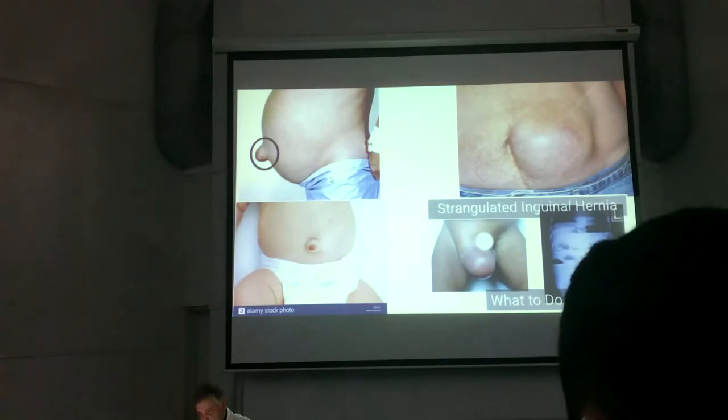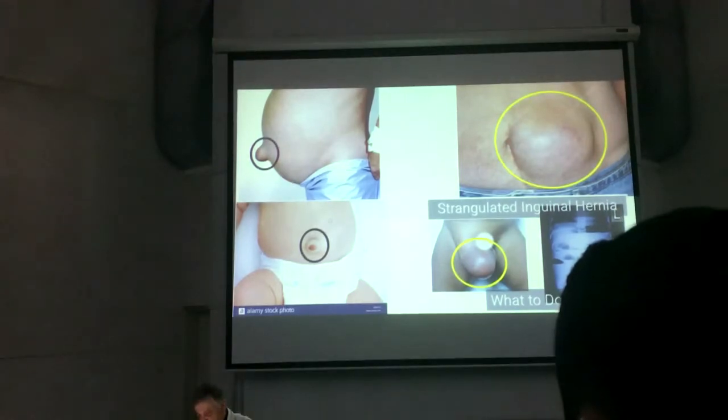And here is a bulging just lateral to the umbilicus. And you can see an old scar here. Again, a baby with a protruding umbilicus and a swollen right scrotum.